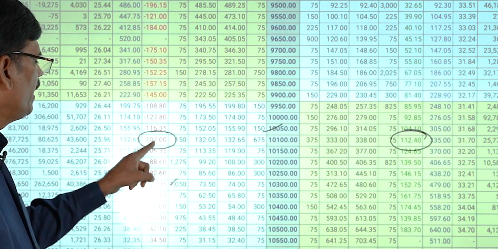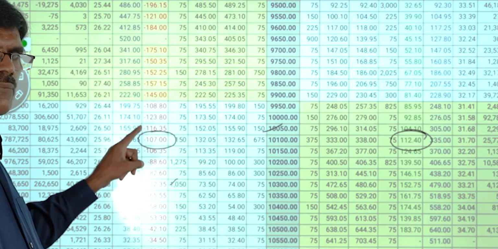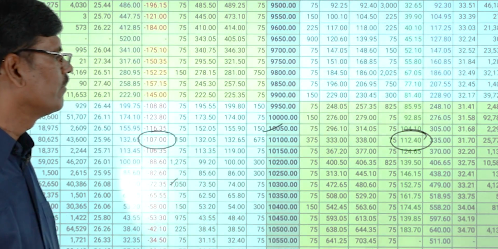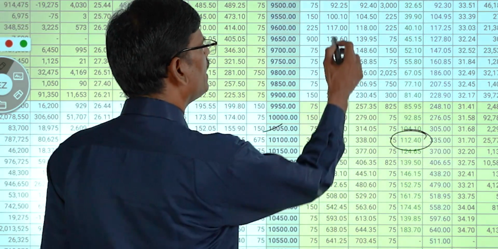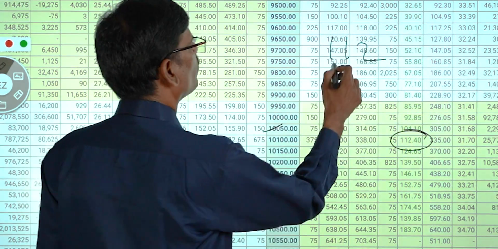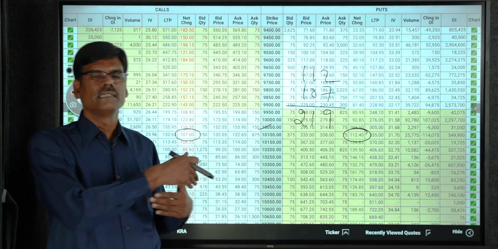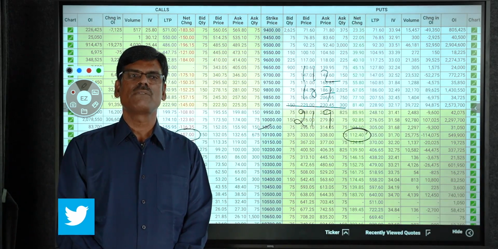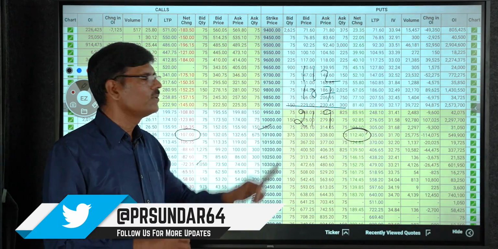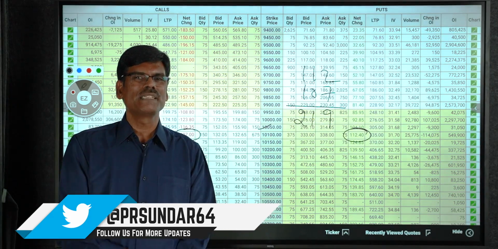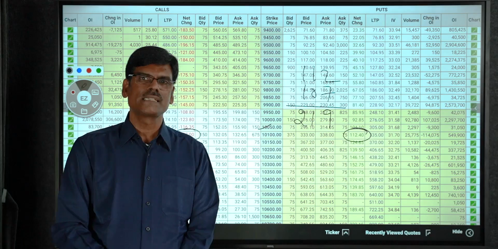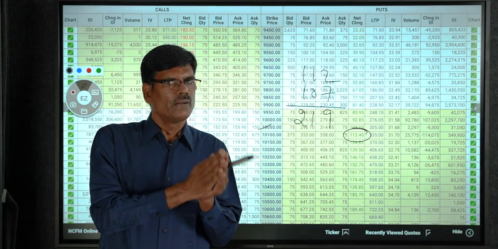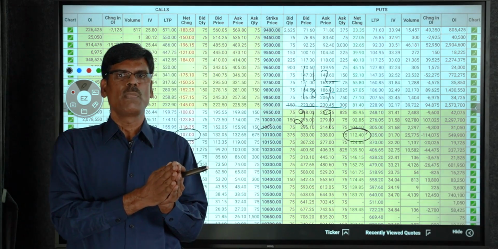You remember here you bought, so therefore 107 is a loss, and here you sold it, so this is also a loss. So your total loss is 112 plus 107. In futures it is showing a 222 rupees loss, and this combination of options is showing a loss of around 219. There may be a 1 or 2 rupees difference, but that will also get adjusted over a period of time.